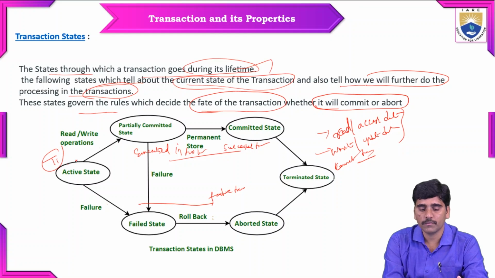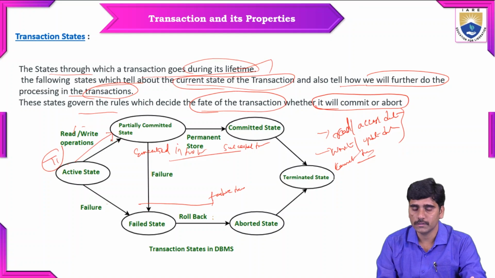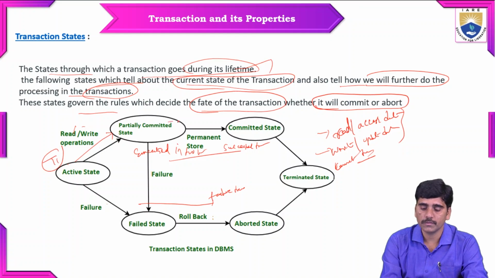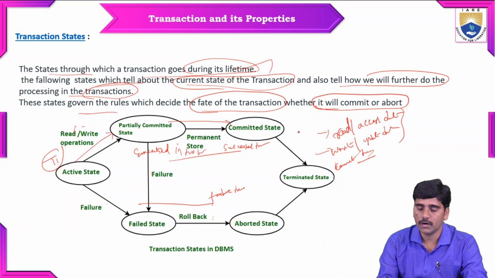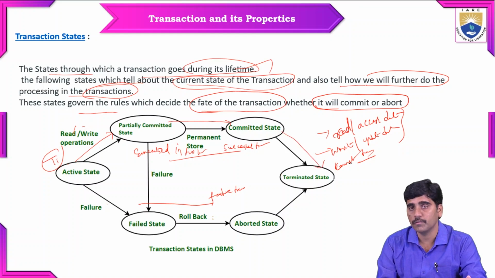Now if I perform a read or write operation, it will move to the next state, partially committed. Again we perform some operation, it will move to committed state. After that it will go to terminated state. So that is for all successful transactions.